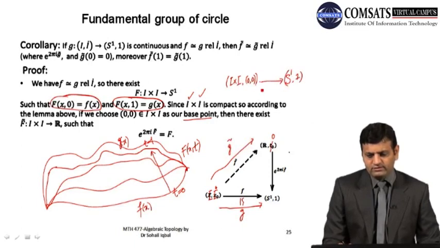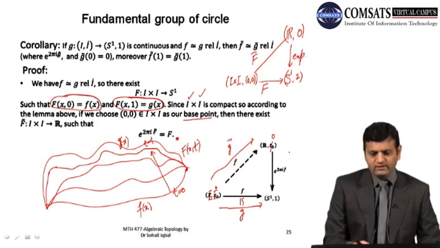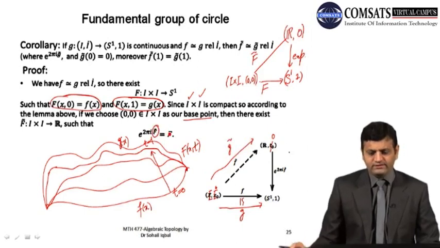So this is capital F. According to the above lemma, there must exist F tilde to R, and we can take this t naught to be any point, in particular 0, such that F is equal to e raised to power 2 pi i F tilde. So we have applied the above lemma to find this capital F tilde.